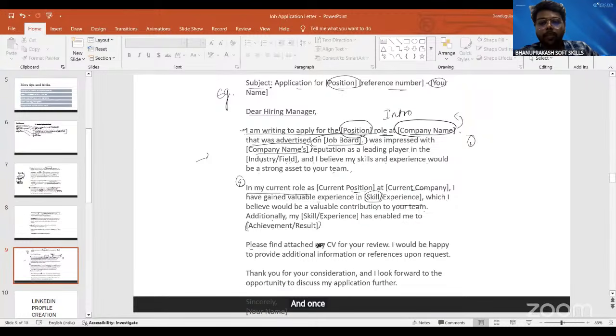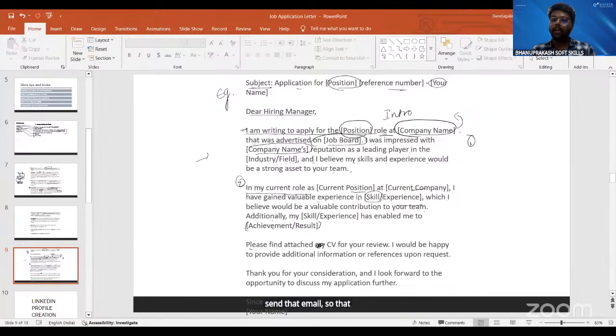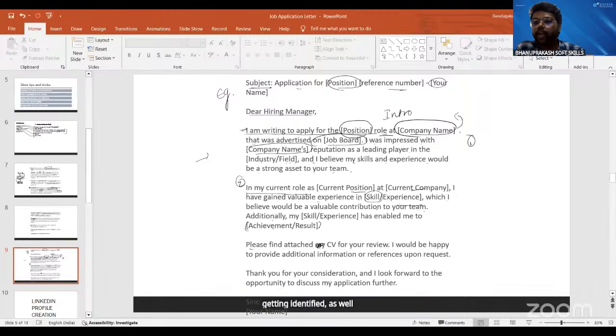And once you compose the email, if you have any errors in that, it will automatically highlight them, so try to change them, and you can send that email. As they are going to receive very few job application letters, you have the scope of getting identified, as well as they will give you a call.